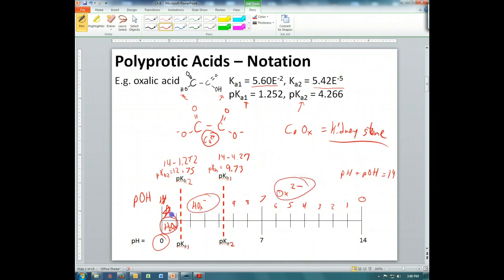So we need to be able to identify the predominant species for each of our pH ranges. And we need to be able to identify it both in terms of the pH scale and the pOH scale. So make sure you can do your numbering in the correct directions. Make sure that you can identify your primary species. Make sure that you can convert between your Kas, your pKas, and also your pKbs and Kbs.